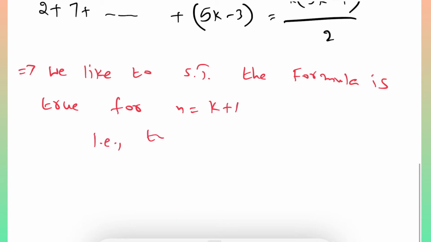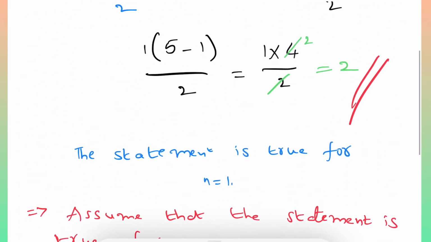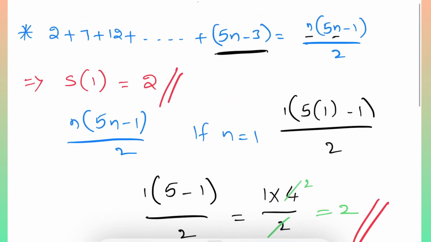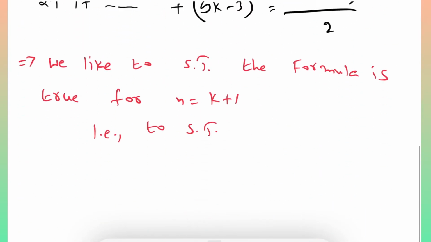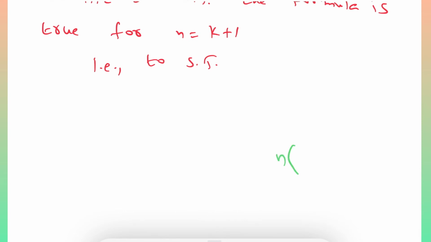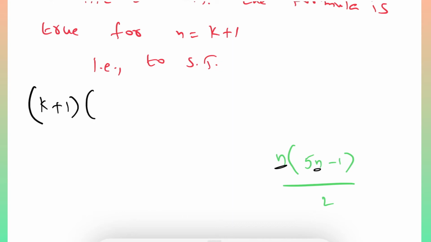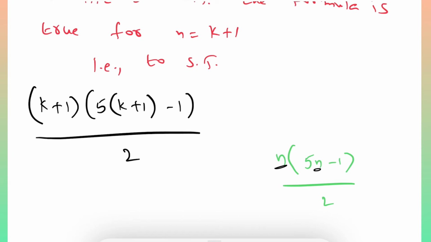That is, in the given formula, wherever we have n, we need to substitute k + 1. The formula is n(5n - 1)/2, so we get (k + 1) into (5(k + 1) - 1) whole divided by 2.